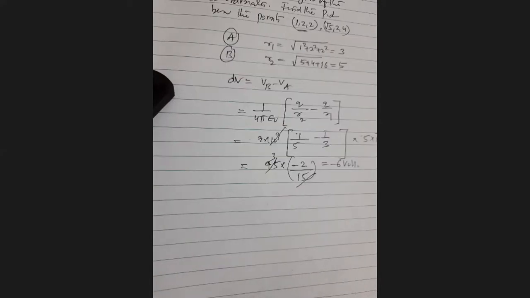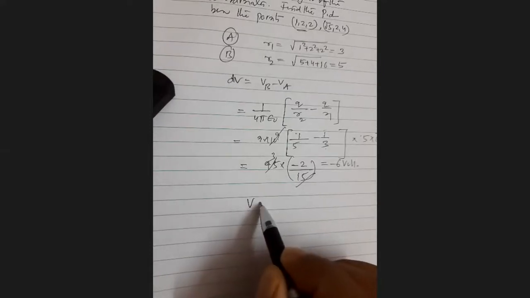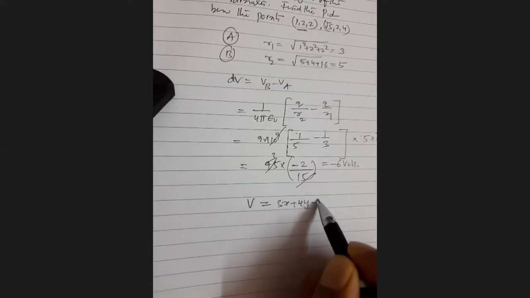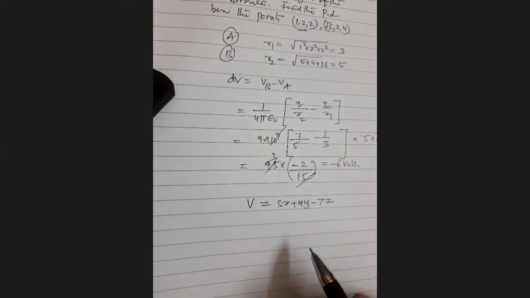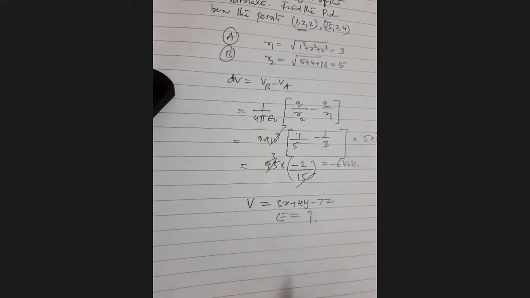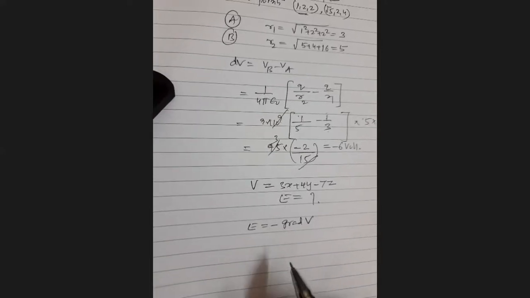The electric potential in space is given by V equal to 3x plus 4y minus 7z. Obtain the expression for the electric field intensity. We have the relation between field strength and potential: E is equal to the negative gradient of the electric potential, minus grad V, right?